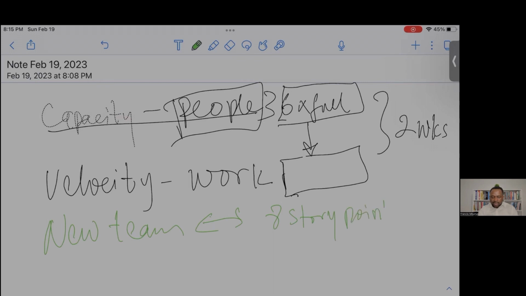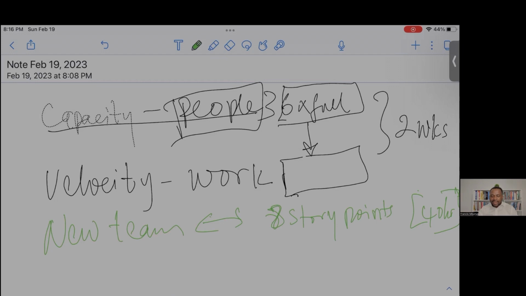Now you will ask me, what if the estimation is in hours? It means we consider 40 hours, right? Which is the amount of time they're working in a week. And then we understand that a sprint contains 10 working days. So averagely, they are allocated 8 story points in 10 working days.